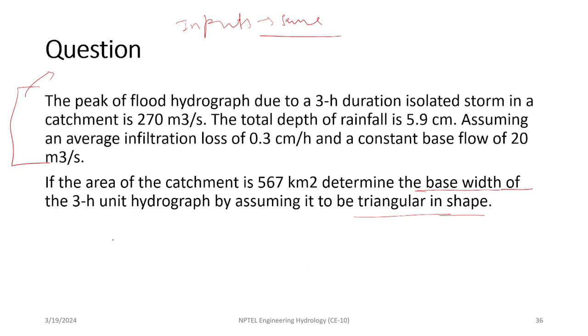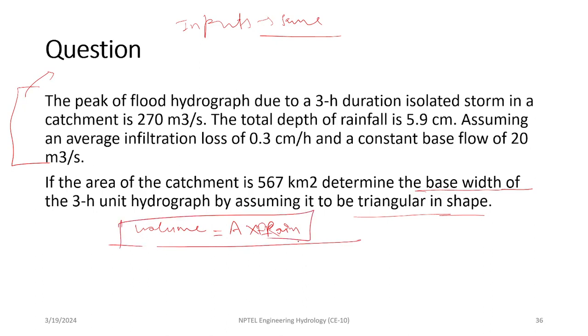So if it is mentioned that we have to take the base width, then definitely, as per my opinion, it should click in your mind: volume is equivalent to area of the catchment into depth, rainfall depth, effective rainfall depth, ER.